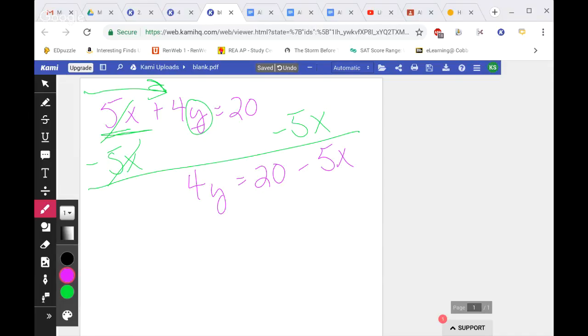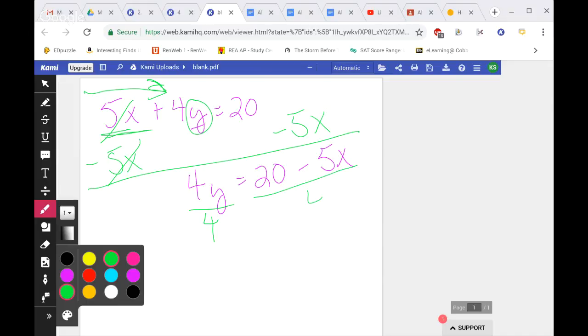Now what's being done to y? When a number's right next to a variable, oh, you're multiplying. Okay, so how do we undo multiplication? Division. Good job, division. So we're going to divide everything by 4, both sides of that equation. So the good news is it gets rid of it over here.